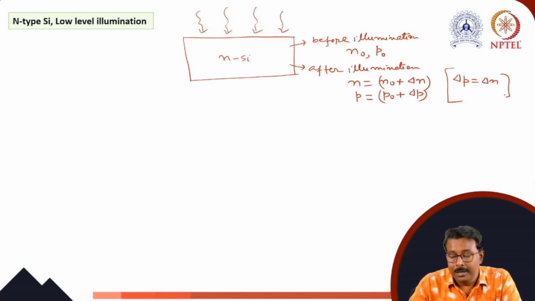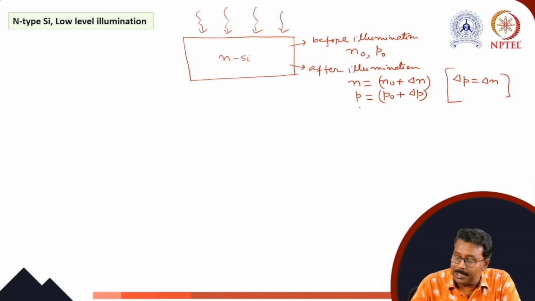But you remember, low level illumination means the excess minority carrier which is generated is much less than the equilibrium majority carrier concentration.